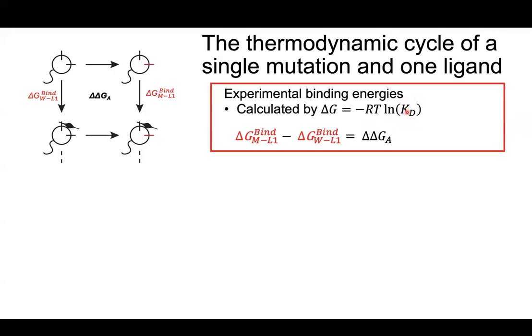Sometimes the probability is enough to calculate some energies. In some deep mutational scanning experiments, people also use survival. Compared to the wild type, people use the survivability of the mutation.